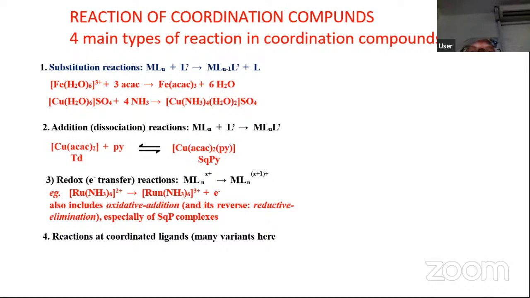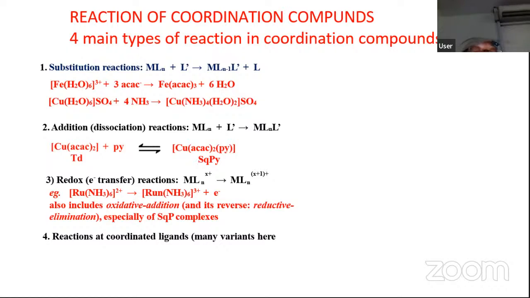So this is your complex MLn, L is ligand, and then you have another group react with the complex and replace 1 or 2 of the ligands, and the ligand in the complex will be leaving the complex. So this is a substitution reaction. Many of the reactions are substitution reaction.